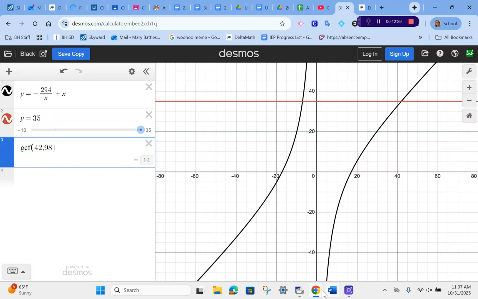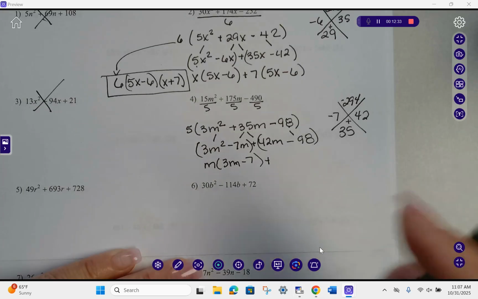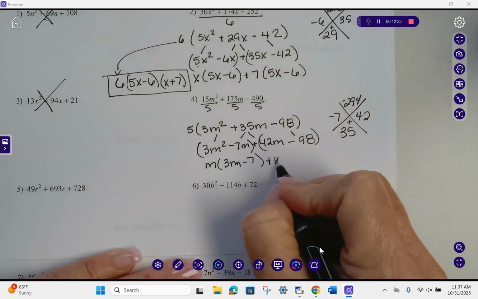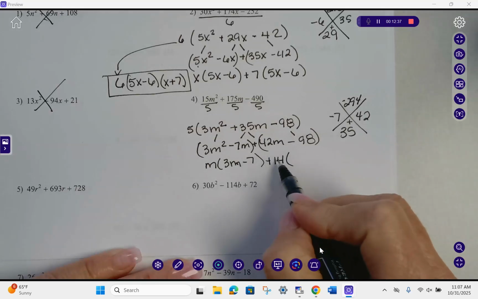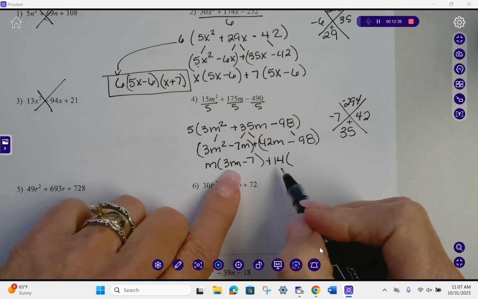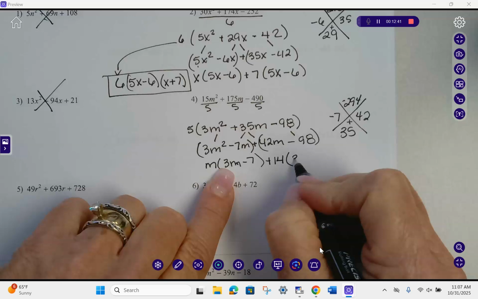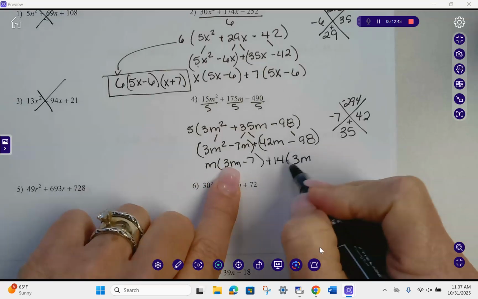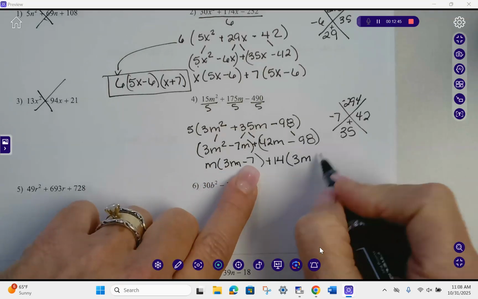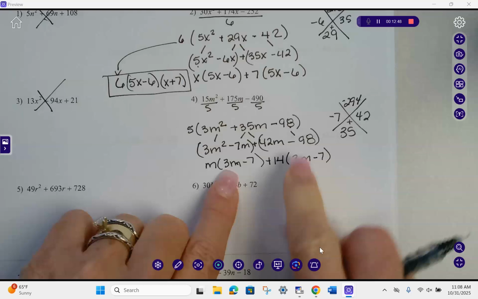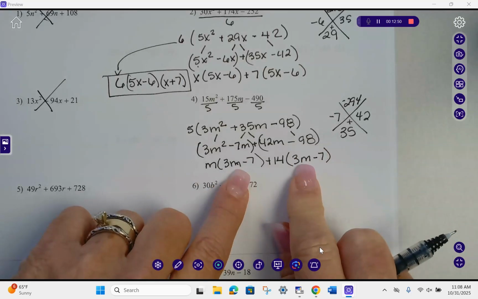All right, so we're going to factor out a 14 out of this, and guess what 42 divided by 14 would be? 3. So we've got a 3m. We take 14 out of 98. We're going to have left over 7, because we're going to get the same thing.